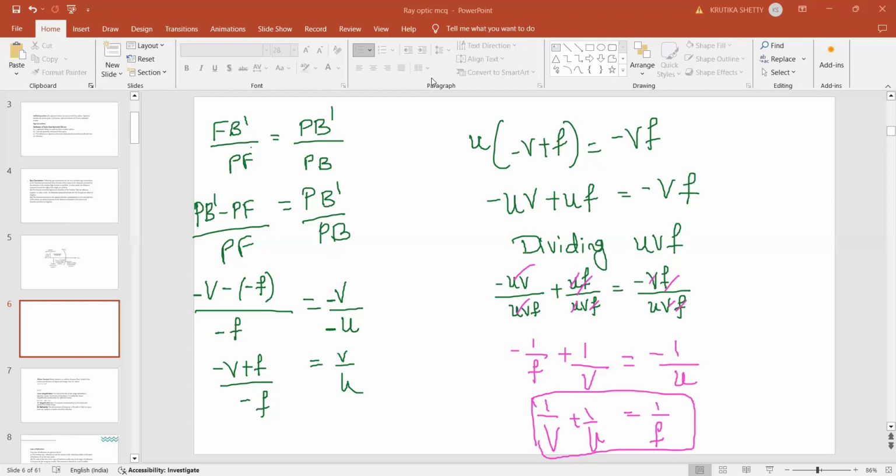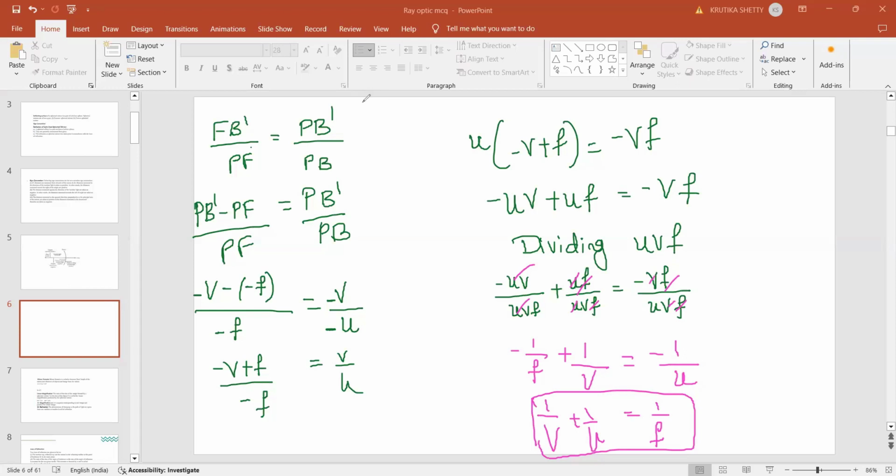So if you have not understood any step, please ask students. So first step, use similar triangle properties. First with respect to object, and with respect to image, take two triangles, and according to the theorem write the equation 1. Equation 2, with respect to focus, two triangles you are considering, similar triangles, write down equation 2.